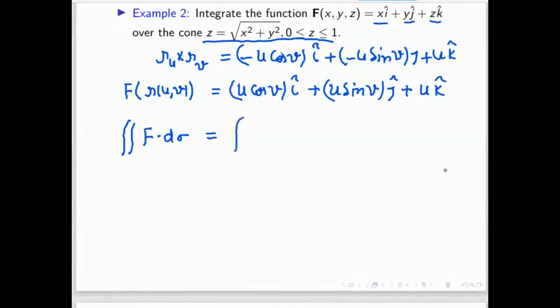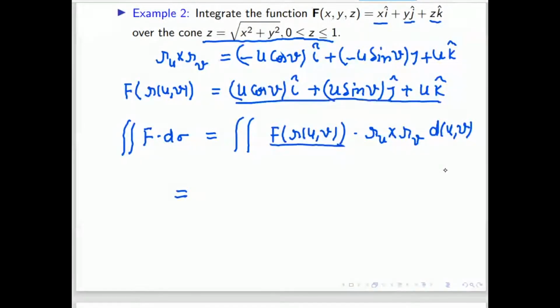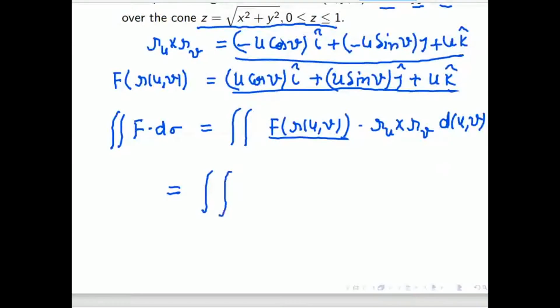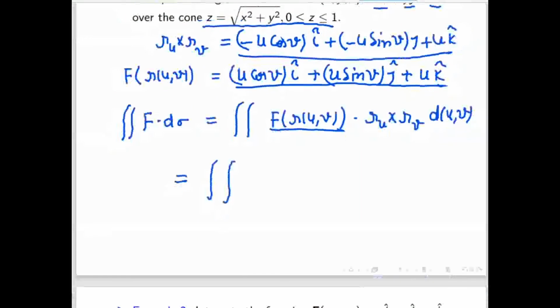So first I will write this formula, f(r(u, v)) dot product with this ru cross rv and then du dv. Which order, we don't know yet. First I will write: what is the dot product of this f with ru cross rv?